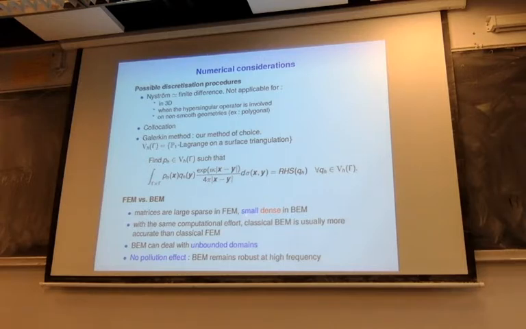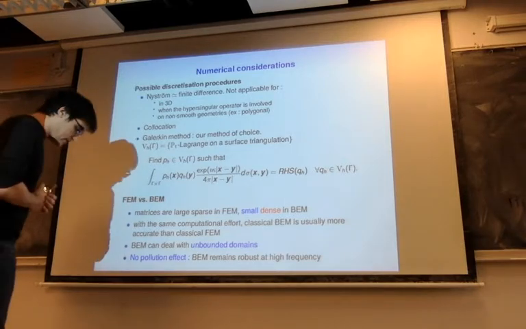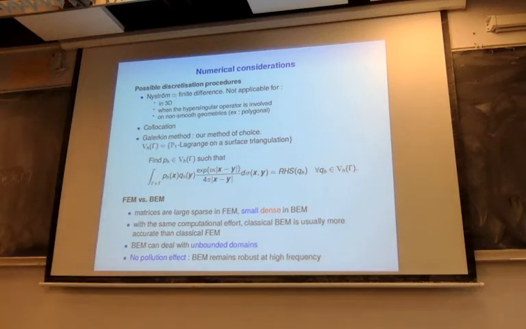BEM leads to small matrices that are dense. With the same computational effort, when BEM is applicable, it usually leads to a more accurate solution because of the regularization properties of the kernel.